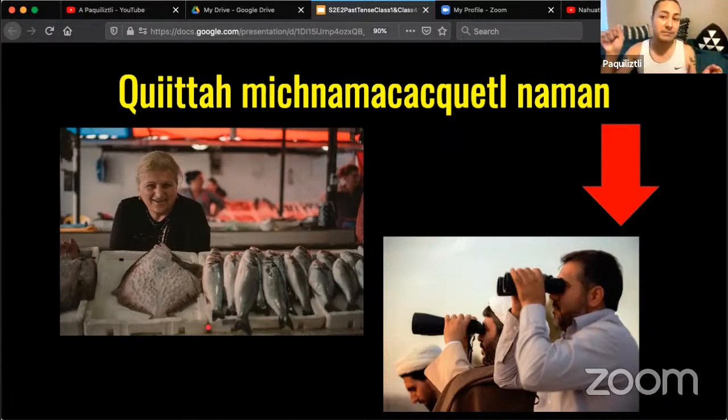We could also call him a Michnamacahquet because there's no gender in Nahuatl. You could specify gender if you were to say siwa Michnamacahquet, but it's not necessary, and most native speakers are not going to distinguish between male or female. They're just going to say Michnamacahquet. And you'll know who you're talking about, so you'll know if they're male or female, or in between, or whatever.